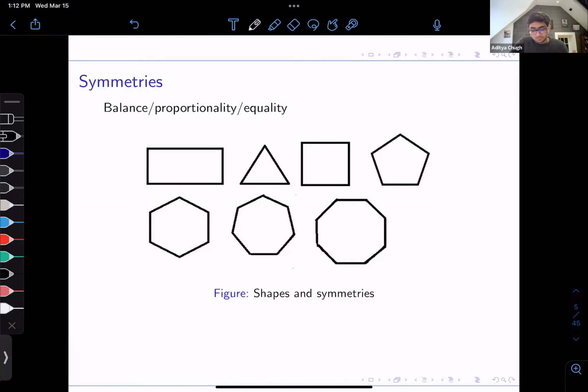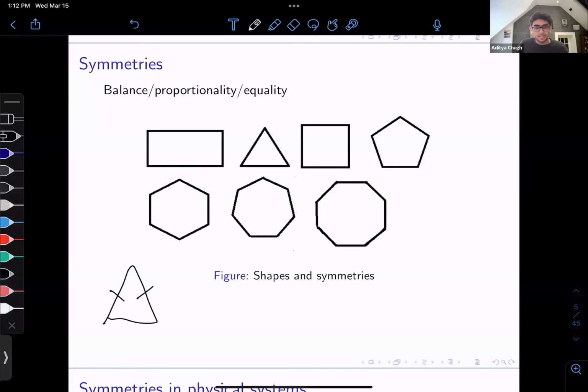So with an isosceles triangle, which has two sides of the same length, if I reflect the triangle along this median, you would expect to find a similar shape. And that's one thing about the isosceles triangle.